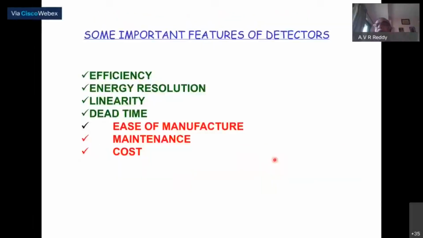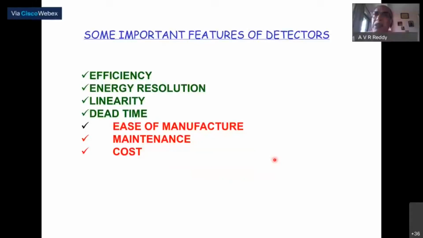Now, some important features when we talk about detectors. Before we go into the details of the detectors, we should always remember efficiency is an important thing, whether in performance or detection performance or anywhere. What is the percentage of efficiency, we should know.